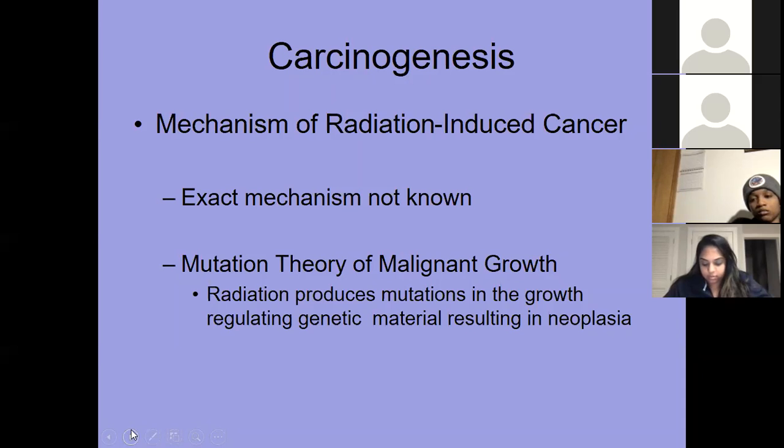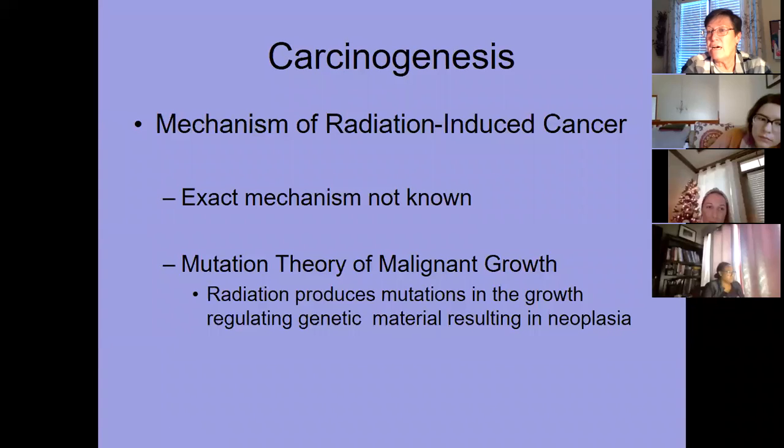I would say no, they're not. So if we think of the law of Bergonié and Tribondeau, it says that rapidly dividing, poorly differentiated cells are more radiosensitive. That makes them more easily killed with radiation, which is why radiation therapy works.